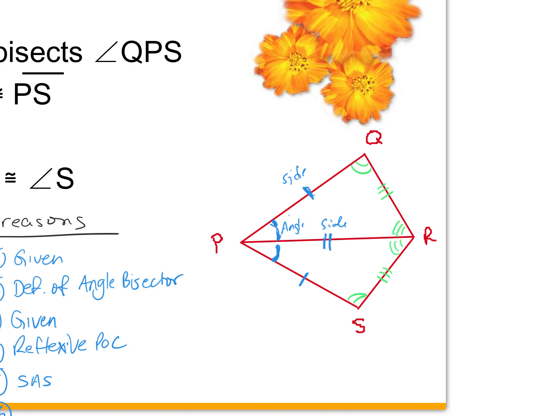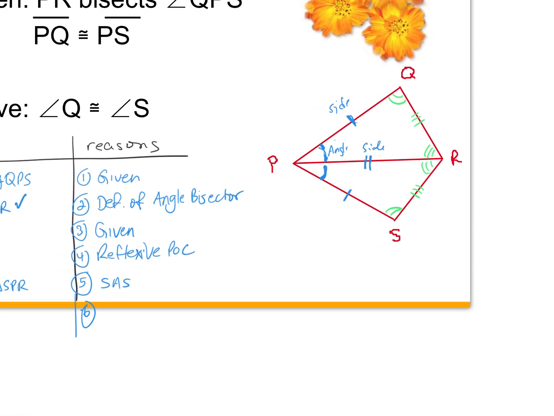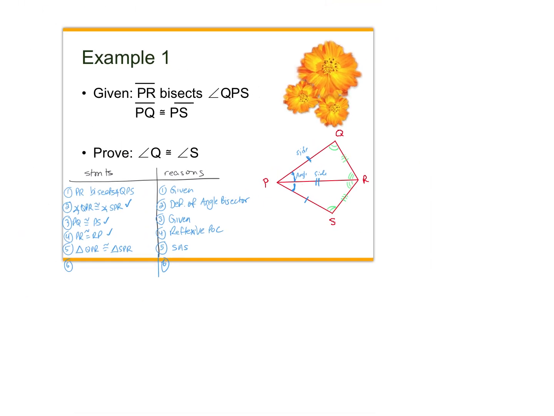All these other parts, everything I put in green, I know because once I know the two triangles are congruent, I know all their corresponding parts are congruent as well. And so they want me to prove that angle Q is congruent to angle S, and it is because of corresponding parts of congruent triangles are congruent, CPCTC. So once I prove the triangles to be congruent in step 5, then I can list all the parts that are also congruent, and the reason would always be this, CPCTC.